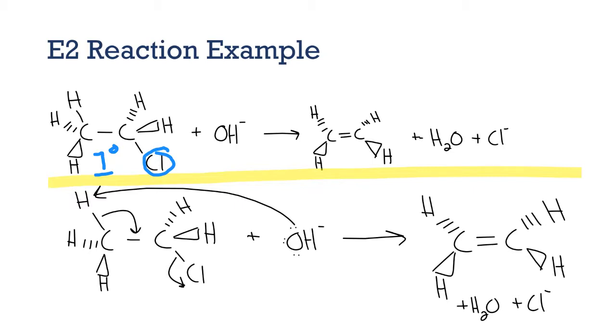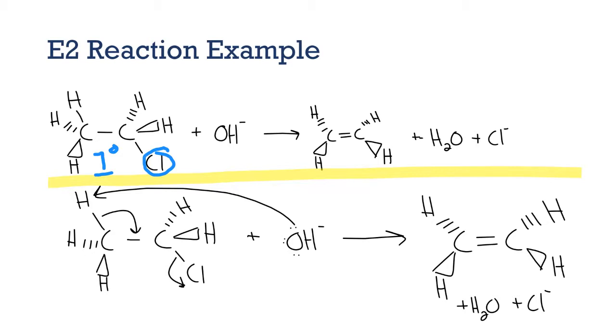Again, this is the primary substrate. We have our strong base, and this will need to be more concentrated than in the E1 reactions. In our product, we have this chlorine taken off, and this hydrogen also eliminated, and a double bond will be formed in between here. Also water and a chlorine anion will be formed.